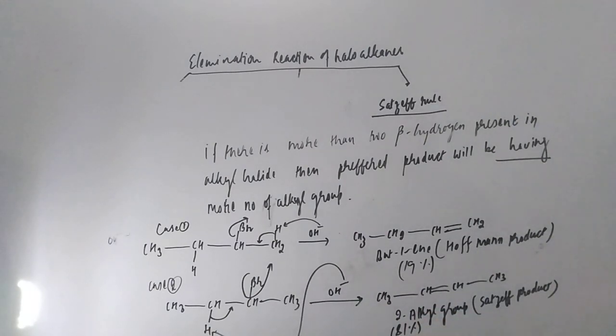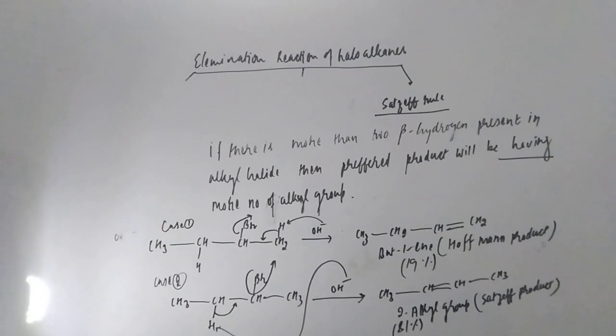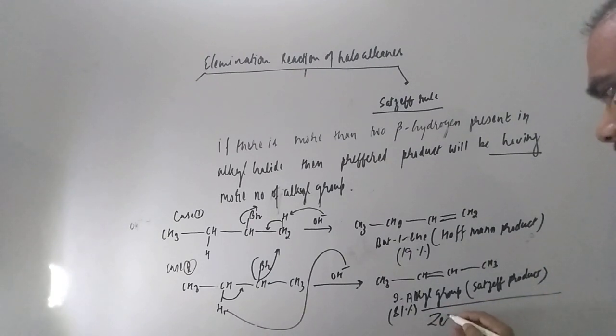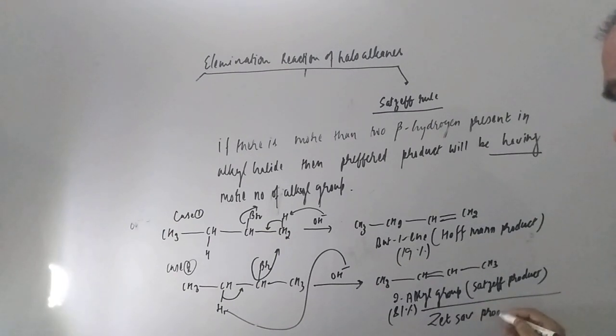So this is the major product. Either you say Saytzeff product, or one more name is there: Zaitsev product. It has two names, students, Zaitsev product or Saytzeff product, both are the same.